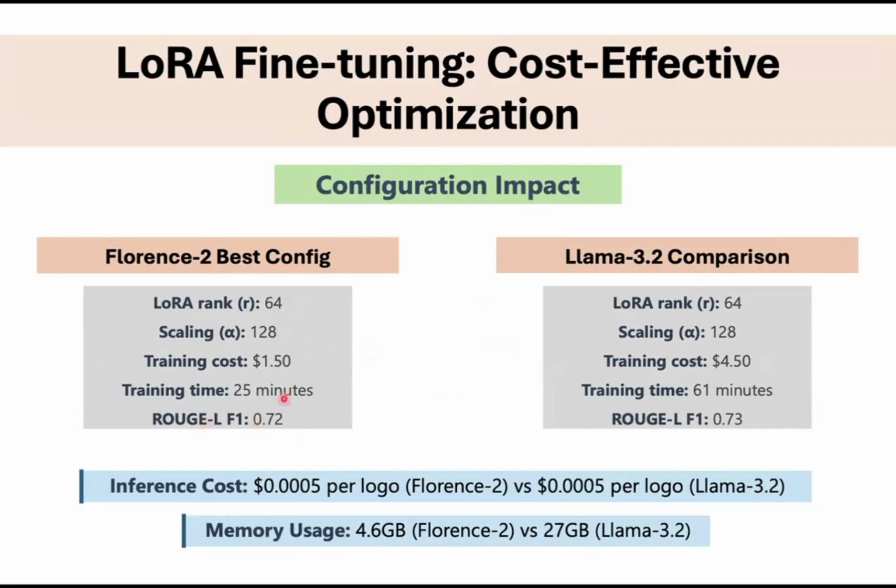But we can see the performance, which is measured by the ROUGE-L F1 scores, is almost similar for both these models. Although the inference cost is exactly the same for these models, the memory usage of Florence 2 is significantly lesser than the Llama models. So the Llama models used 3 times more memory than Florence 2, making Florence 2 the right candidate for production use case.